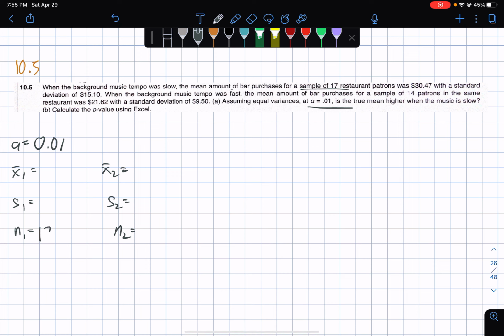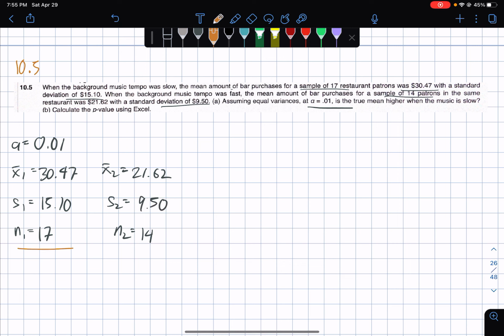This is the first sample mentioned, so that's 17. Was 30.47. That's the first mean that was mentioned, with a standard deviation of 15.10. Okay, the next one is sample 14 in the same restaurant was only 21.62, and then standard deviation of 9.50.